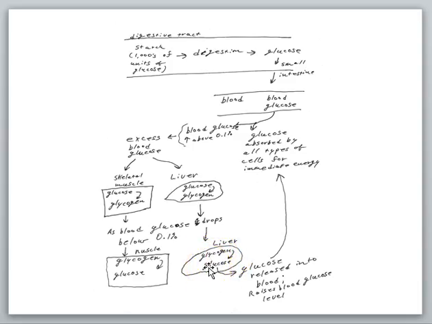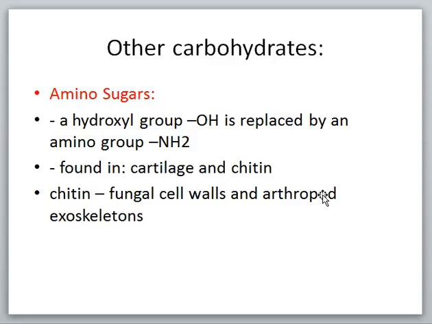We'll release the glucose back into the bloodstream, where this glucose will raise the blood glucose level back up to the desired level of 1/10%, and that glucose can be taken up by cells throughout the body and used as an energy source. Okay, let's look at some other types of carbohydrates.